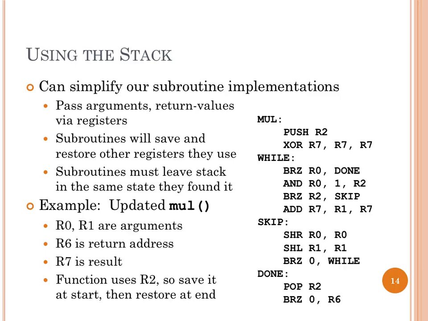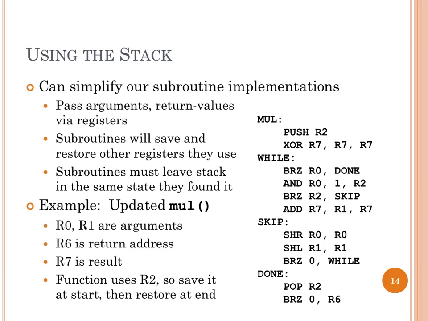Okay, so this might be a way of updating mul. Now we're expecting R0 and R1 to contain the arguments, and we'll drop the result into R7. We still have this crazy return address in R6, but bear with it for a moment. We want to use R2 to compute our temporary value.